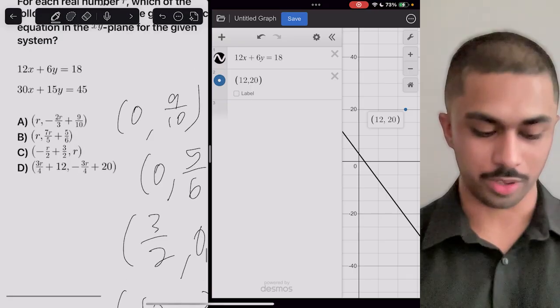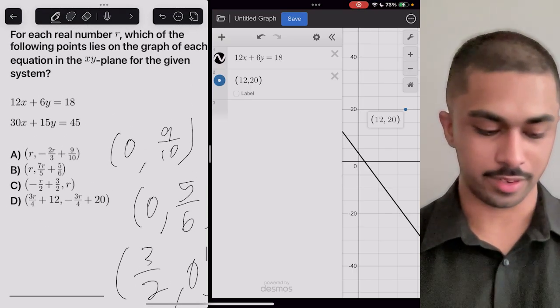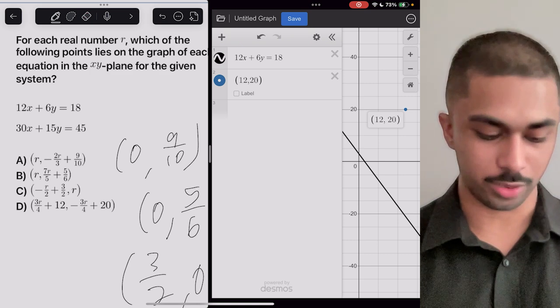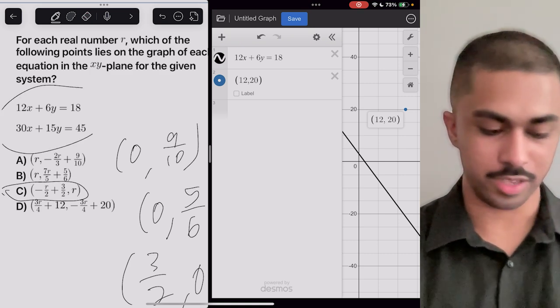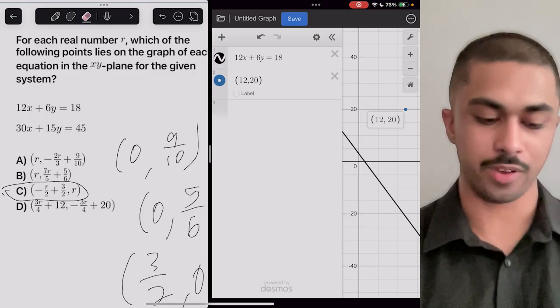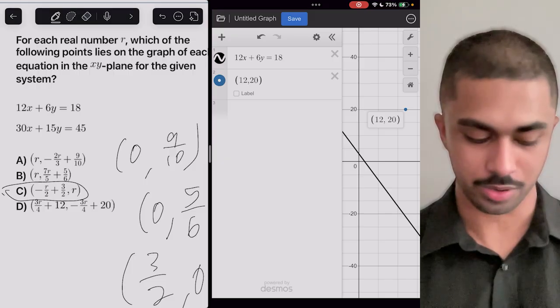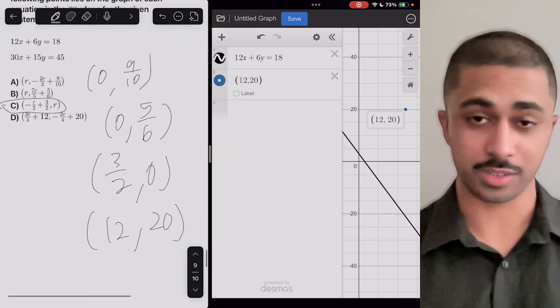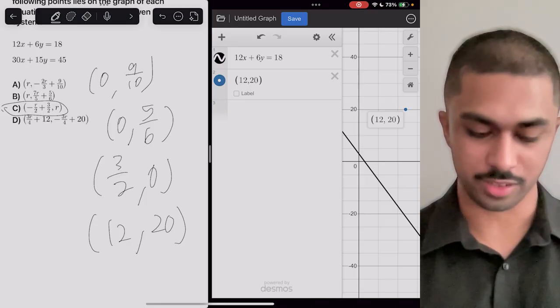The reason why this works is because when you plug in a value for R, like this point, the correct answer, which is C, should fall on these two lines, which are the same line. It should fall on these two lines for any value of R. So if we pick a really simple value of R, like R equals 0, this has to work, right? Like C has to work, or one of the answer choices has to work.